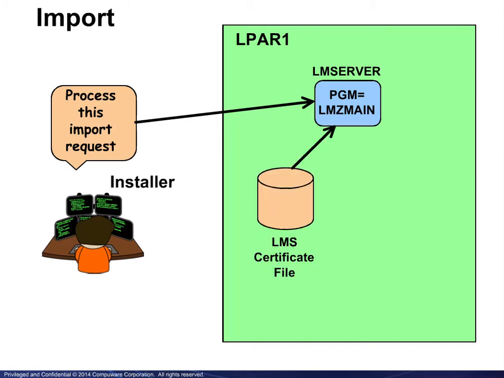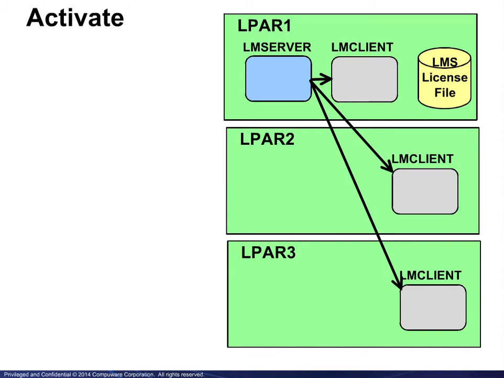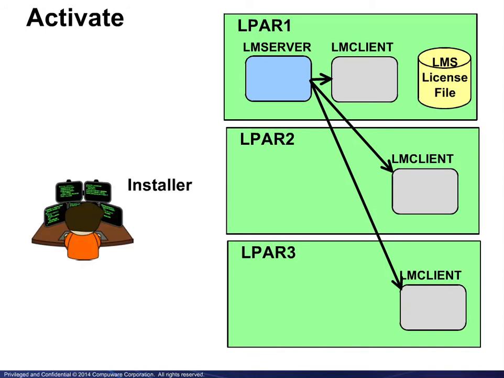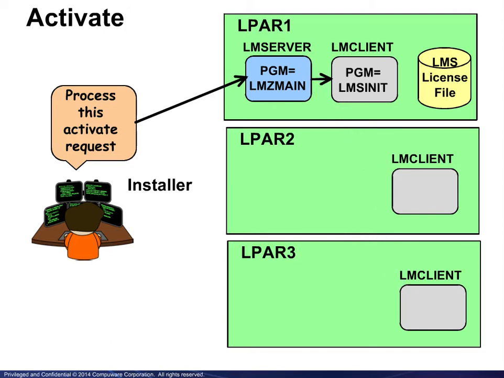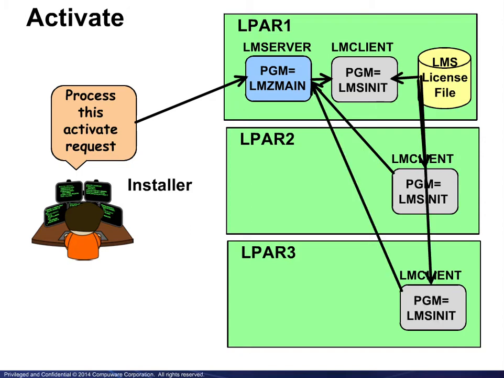The certificates are read in and verified, then written to the license file. During an activate, the installer tells the server to process an activate request. The server invokes the program to do the activate. As each client reconnects with the server, it is passed the licenses that are valid for its LPAR.